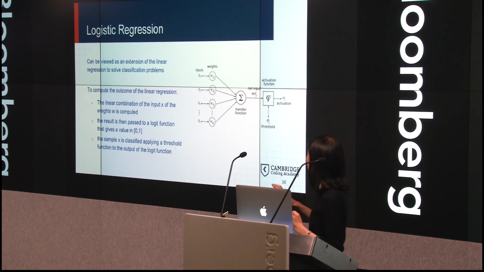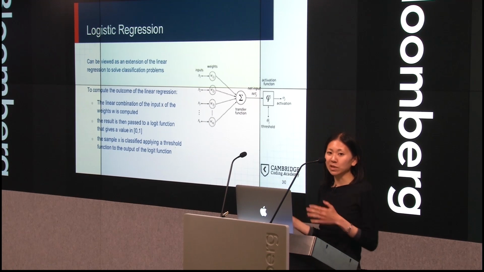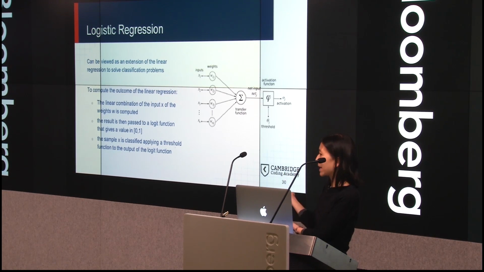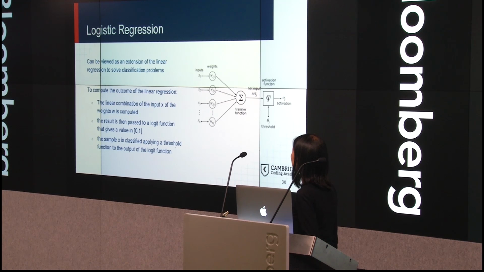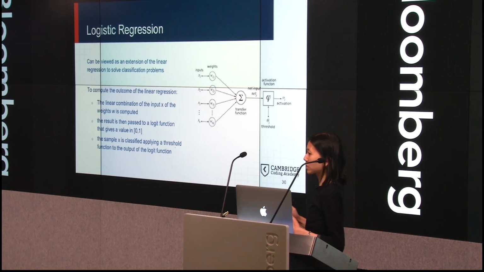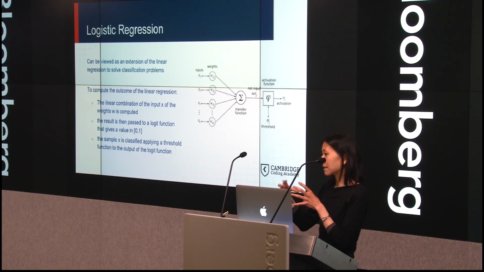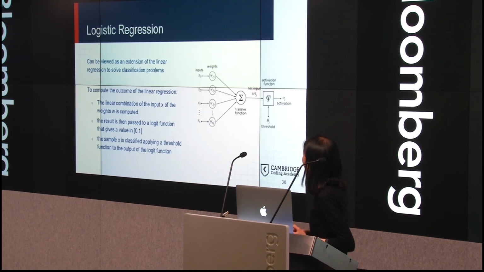Just as in linear regression, you have coefficients or parameters before each of the terms, which are your features. And then you combine them using some sort of function that aggregates them, usually by adding them.